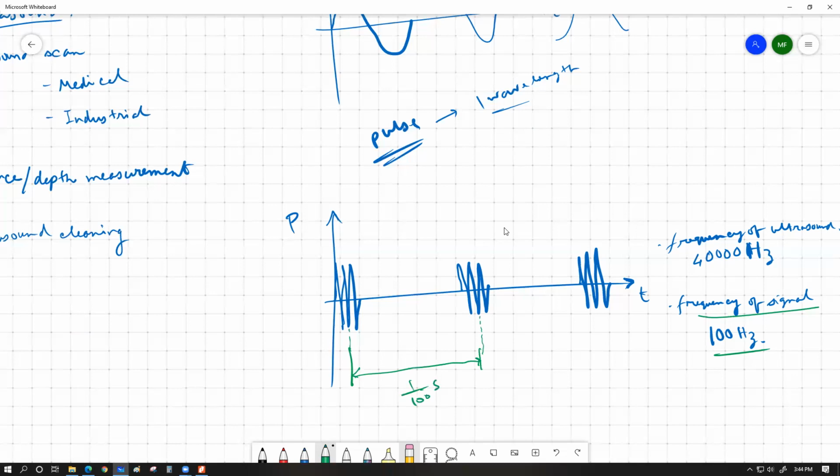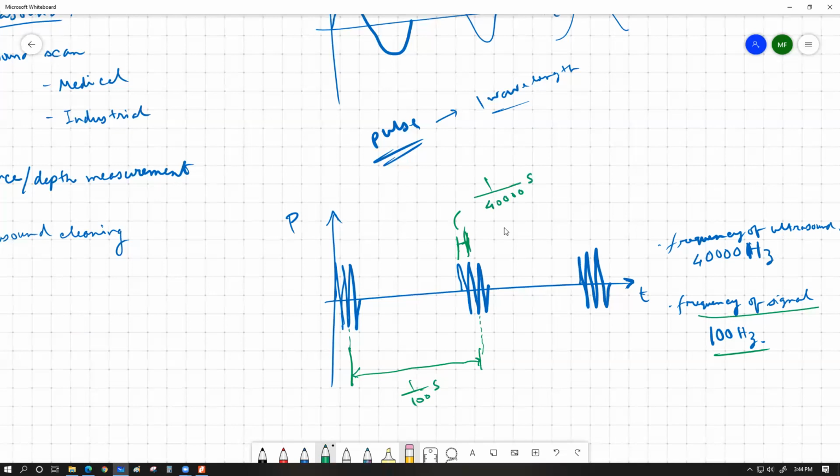Whereas the time delay within a pulse, from one crest to another crest, which is the actual time period of the sound itself, is going to be 1/40,000 second.